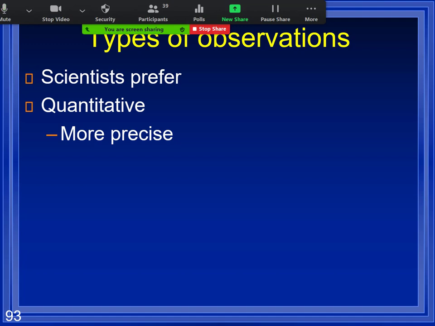Now, we would agree that it was 72. We'd agree on the quantitative. We still may disagree on the qualitative. That still may be too hot for her. And that shows that we have preferences, biases.